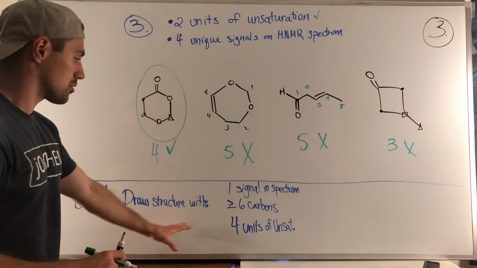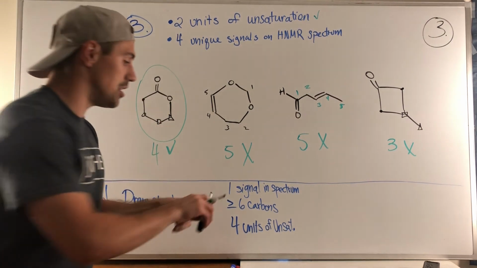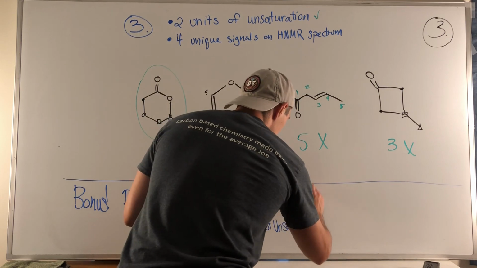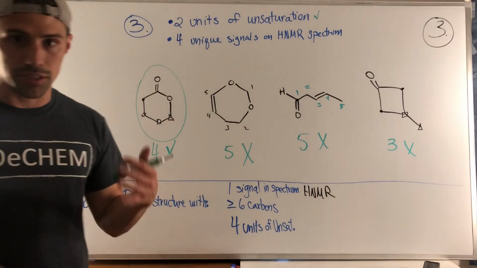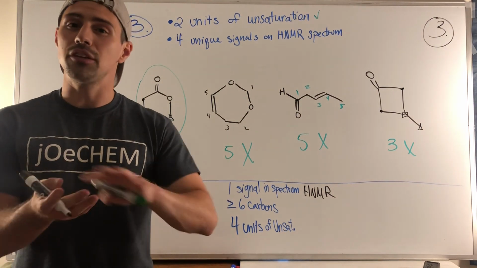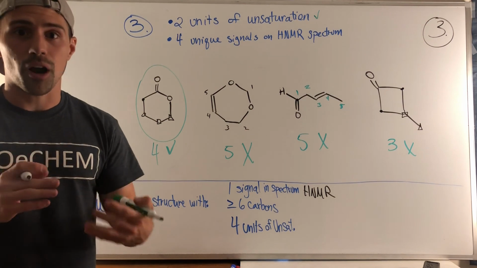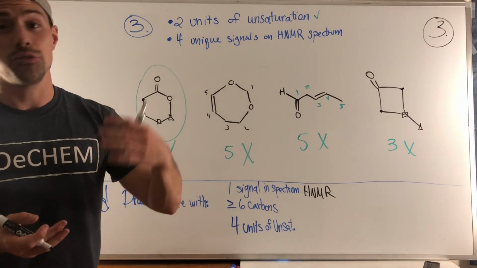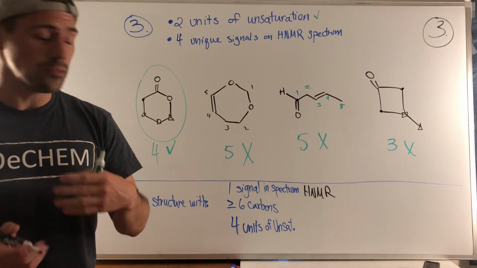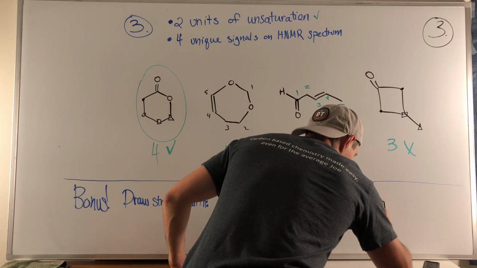For the bonus question, we need a structure that has 1 signal in its proton NMR spectrum. It needs to have at least 6 carbons, and it needs 4 units of unsaturation. I threw this in just to reinforce this, tuck this in the back of your mind. When you do a problem that has 4 units of unsaturation, which will typically come when you do more NMR problems, lean on your good old friend benzene.